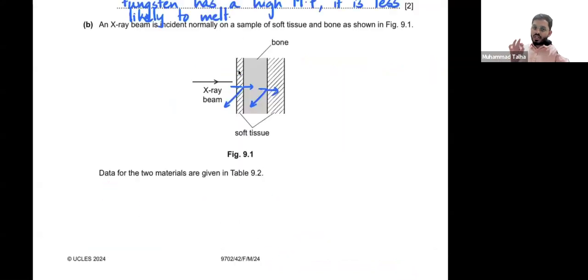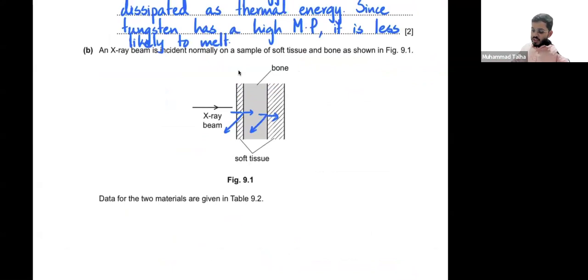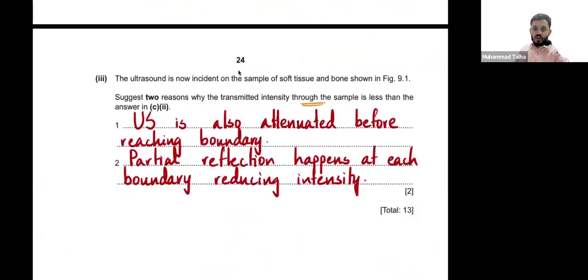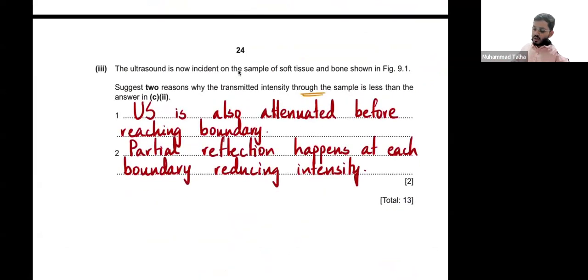But this is wrong, because if this is I naught, in going till here it would also be attenuated through that small distance. This is why the value is actually less than what we calculated. So the ultrasound is also attenuated before reaching the boundary, and you have partial reflection and transmission at each boundary, which also reduces the intensity.